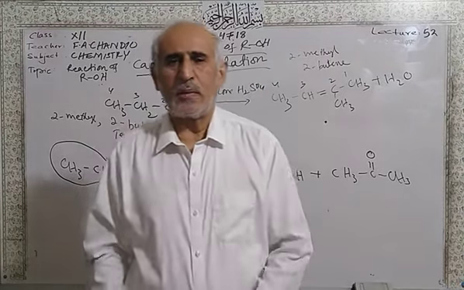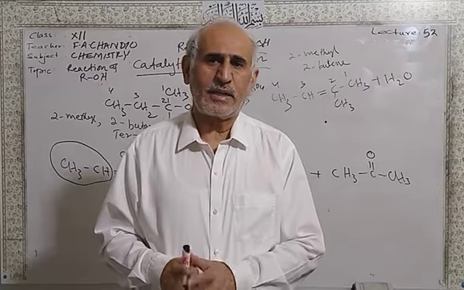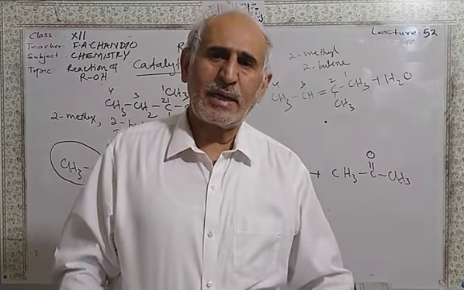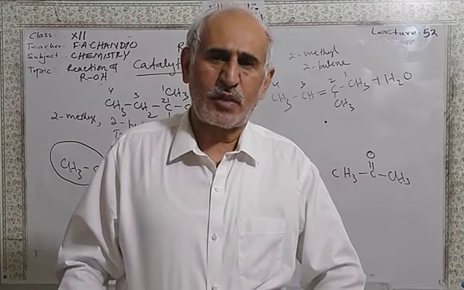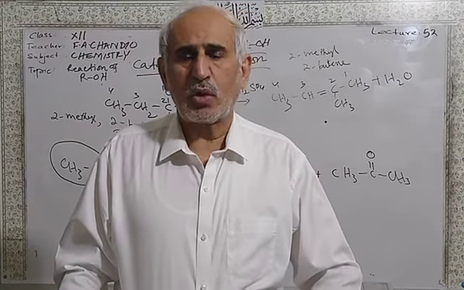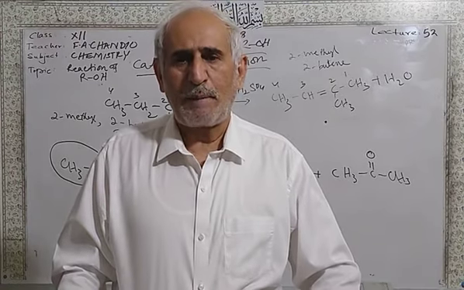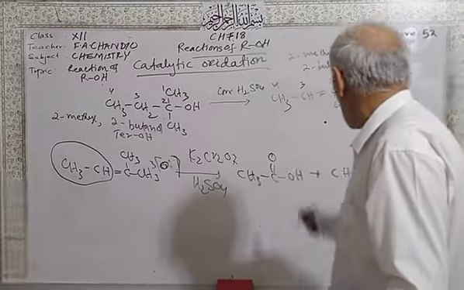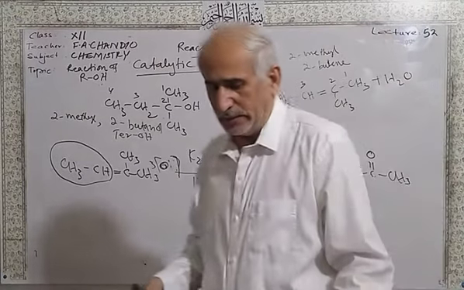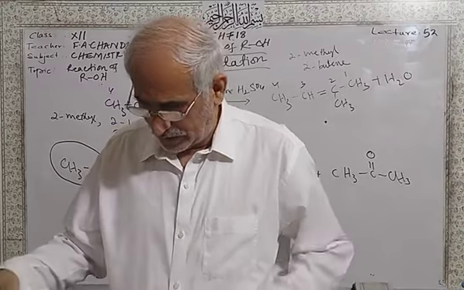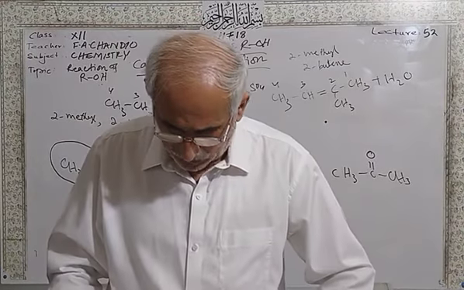First they react with the sulfuric acid as a dehydrating agent to make alkenes, and alkenes then in presence of concentrated sulfuric acid and potassium dichromate give 2 products. One is called carboxylic acid and second is called ketone. So this is the oxidation of alcohols.